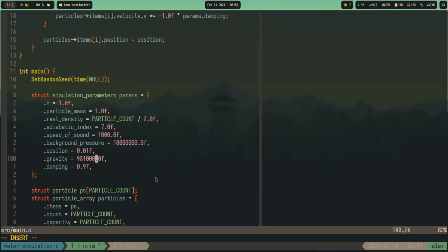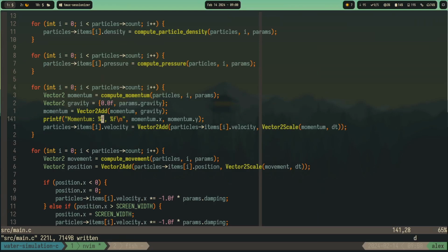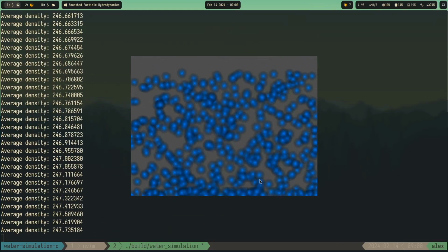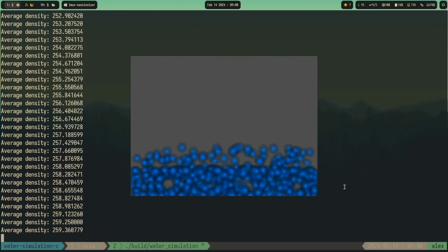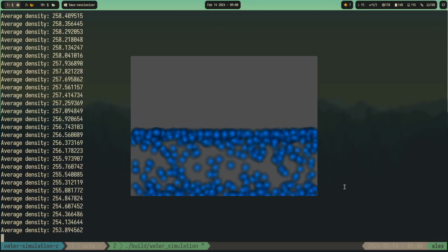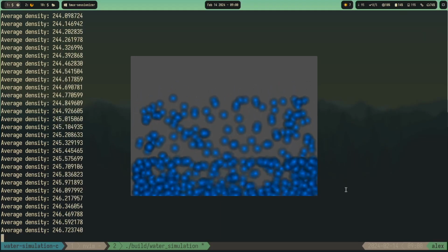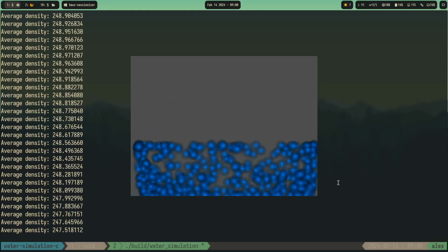Oh wow, let's just go insane mode. Yeah, I mean it has really low FPS.